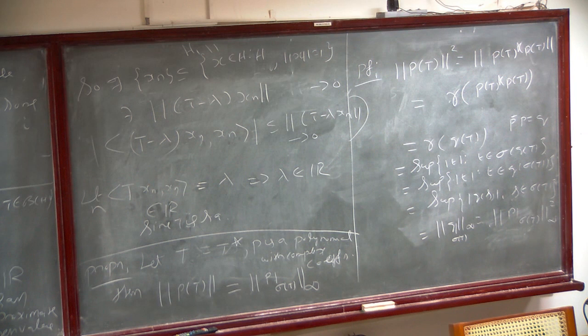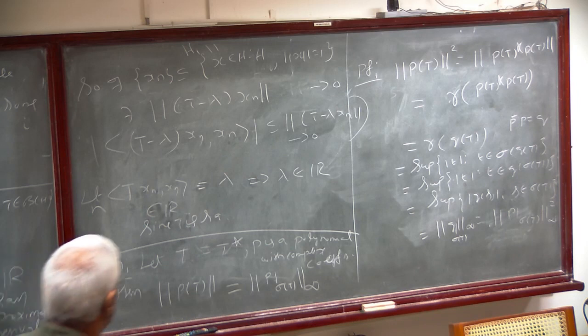Yes, in the case of a normal operator, P of T and P of T star will commute. There is no problem. You can have polynomials in Z, Z bar, and even that will commute, right? All of them will commute. So all P of T is also normal.